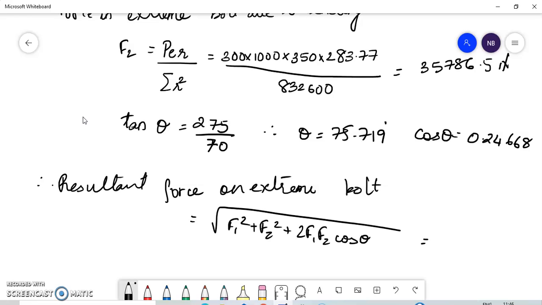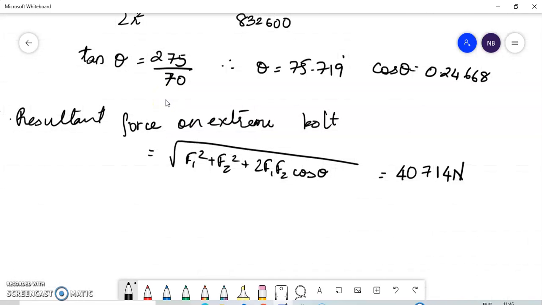Substituting all the values we've got, we get 40714 Newton, and this is less than what each bolt can take. So therefore the design is safe.